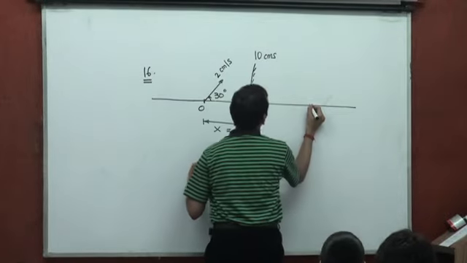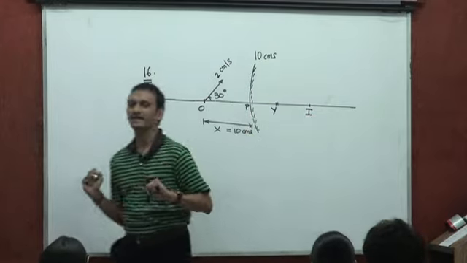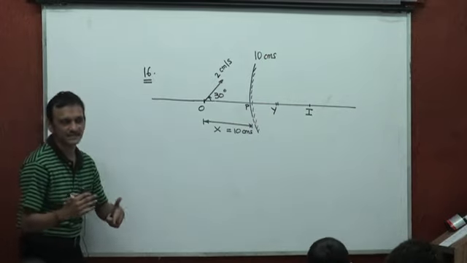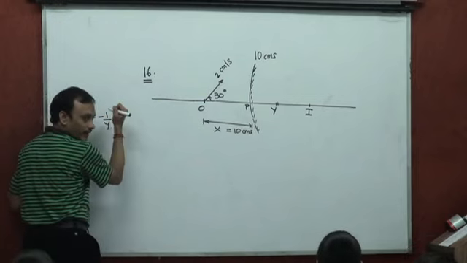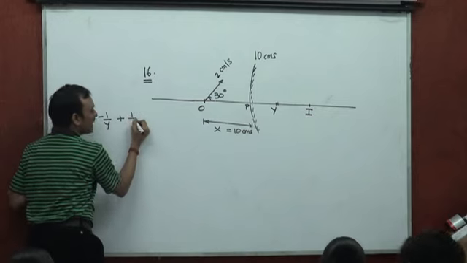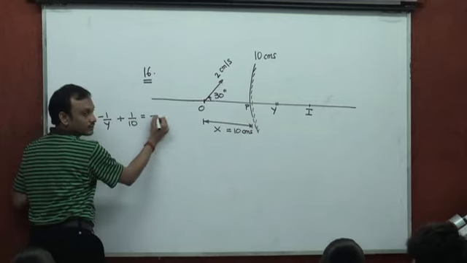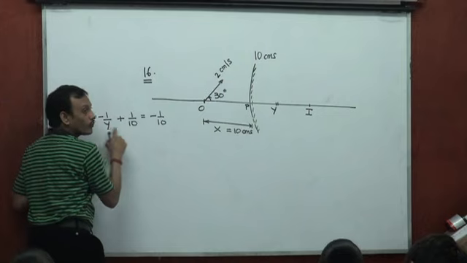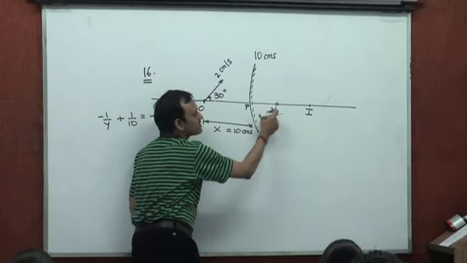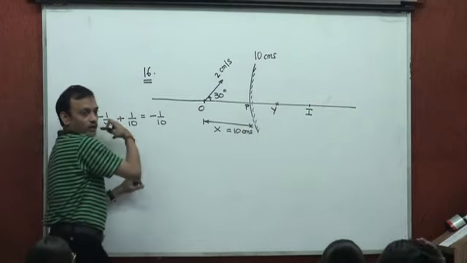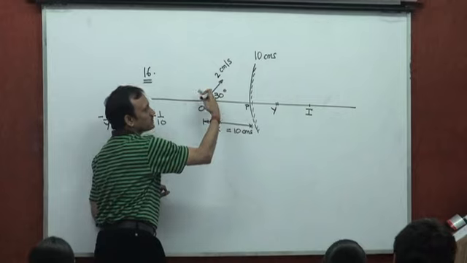First of all, let me locate the image of O. Let's say the magnitude of the image distance is y. So 1 by v means minus 1 by y, plus 1 by u, which is 1 by 10, must be equal to minus 1 by 10. y is the magnitude of the image distance, so minus y is what it should be along with its sign, and 1 by u is measured in the direction of the incident ray, so plus 1 by 10.